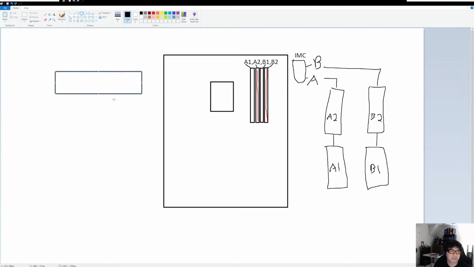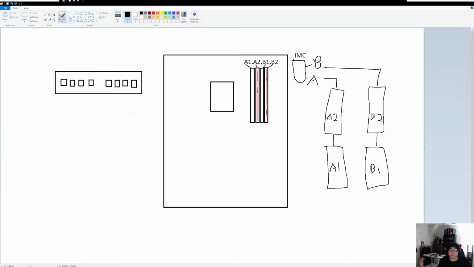So this is a stick of DDR5, and you have little squares of memory. We'll just draw like 4 of them. So these 4 right here might end up being 1 bank of memory, and then you have another set of 4 here, which would be another bank. So you essentially have 1 bank here and another bank down here.